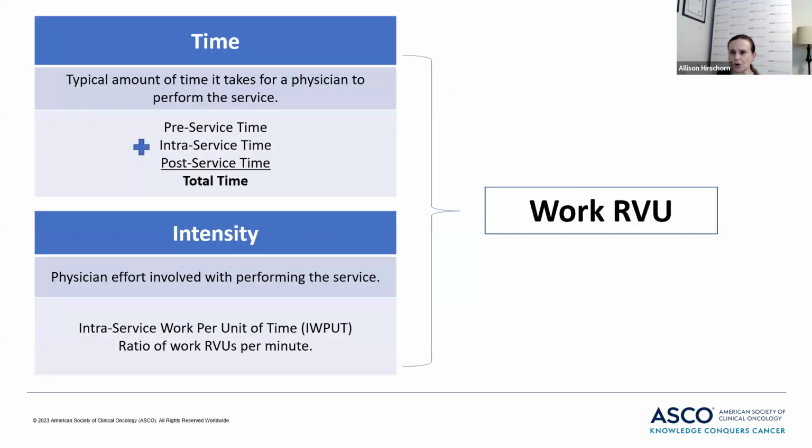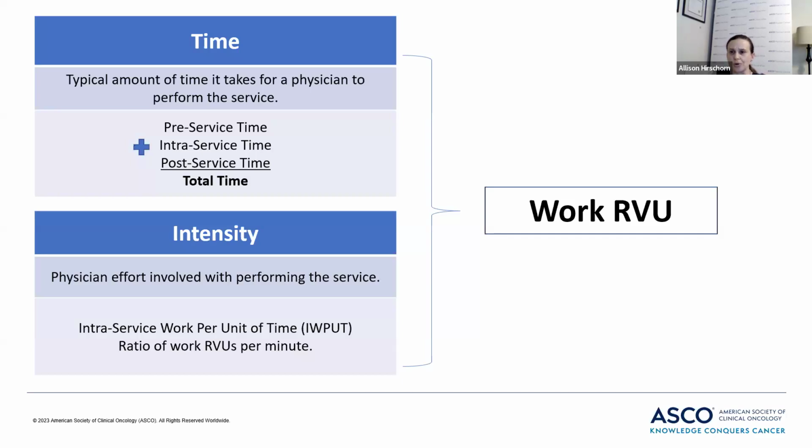The physician work RVU is the labor associated with providing a service. It has two components. The first is time, the typical amount of time it takes for a physician to perform the service. Total time of the service is divided into three parts: the pre-service time, the intra-service time, and the post-service time.